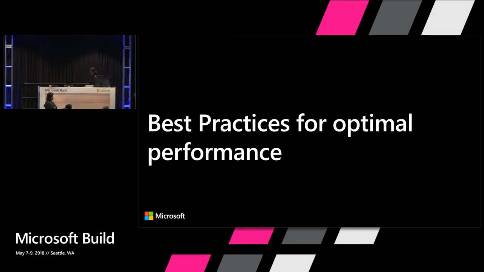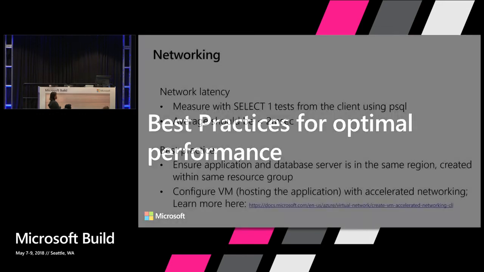Since the start, and it's why I insisted on this slide, working with tens of thousands of customers who are currently running this service today, we've learned a lot in terms of what customers have fallen into traps on, or had difficulties in getting the best value out of the service.